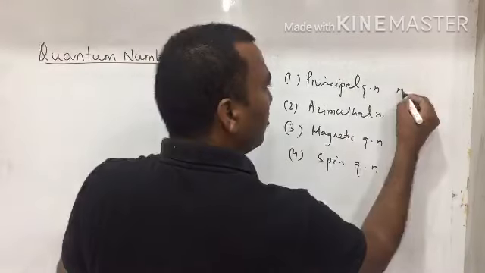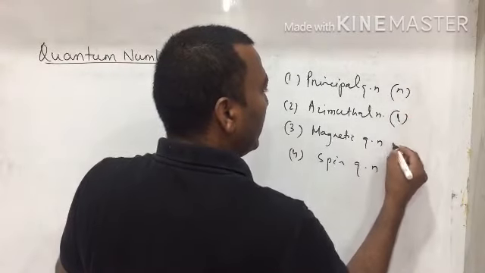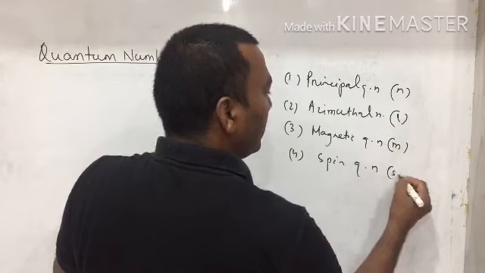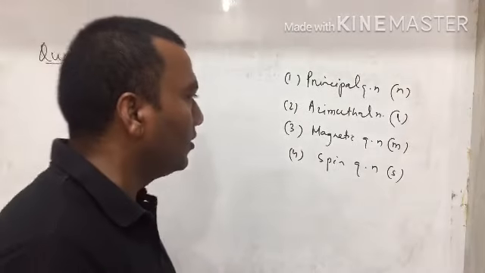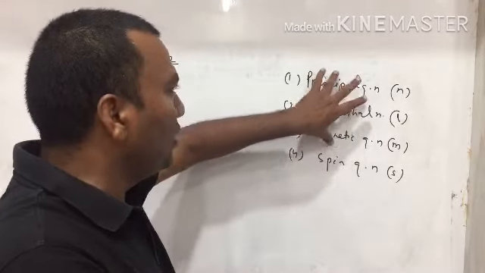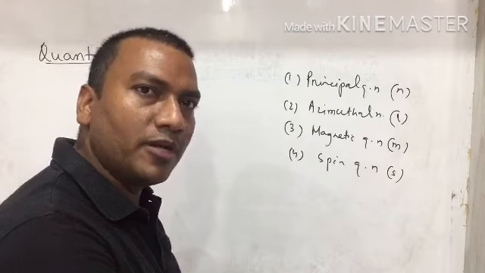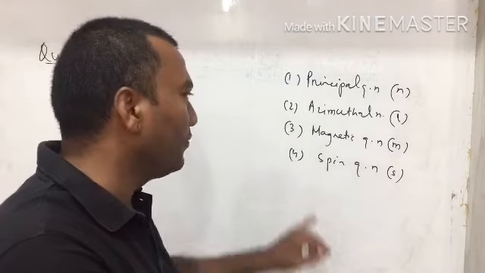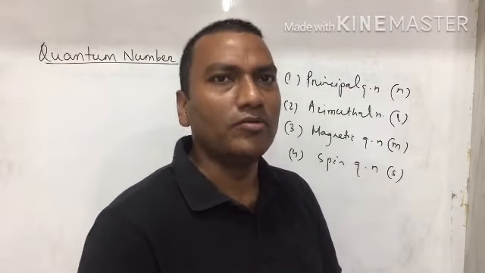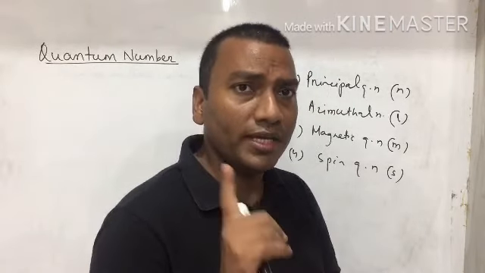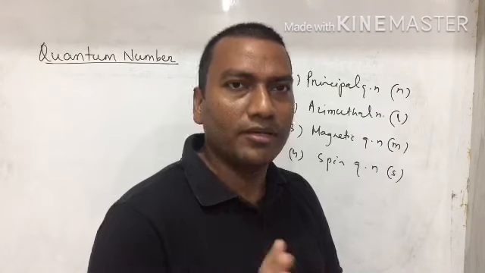The symbol of the principal quantum number is n, azimuthal is l, magnetic is m, and spin is s. Remember that the first three quantum numbers are derived from the Schrödinger wave equation, but the spin quantum number is not derived from it. Fundamental part, remember. Clear?